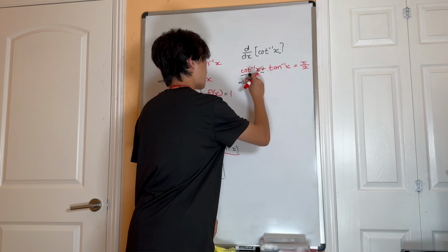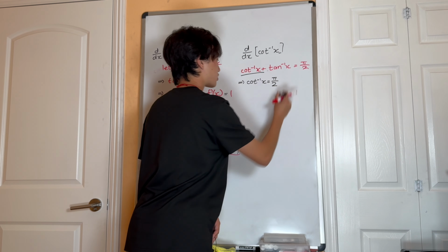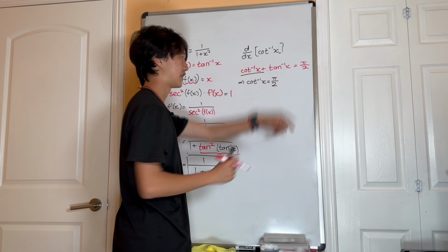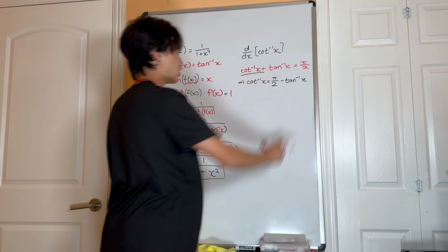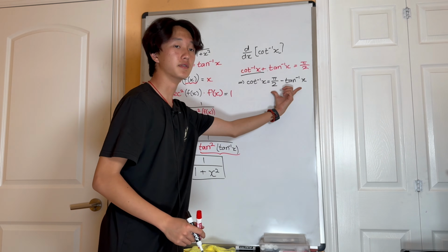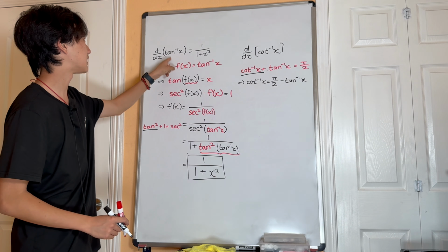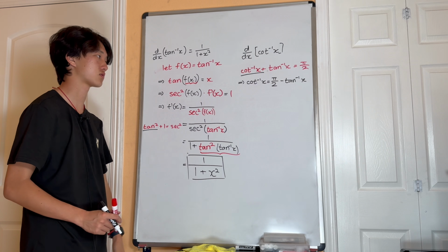What I want to do is write inverse cotangent of x in terms of inverse tangent. So to isolate this, we have inverse cotangent of x equal to pi over 2, and then we subtract inverse tangent on both sides. So on the right-hand side, you have pi over 2 minus inverse tangent of x. Now, we know how to take the derivative of this, right? Because we just found out that the derivative of the inverse tangent of x is equal to 1 over 1 plus x squared.